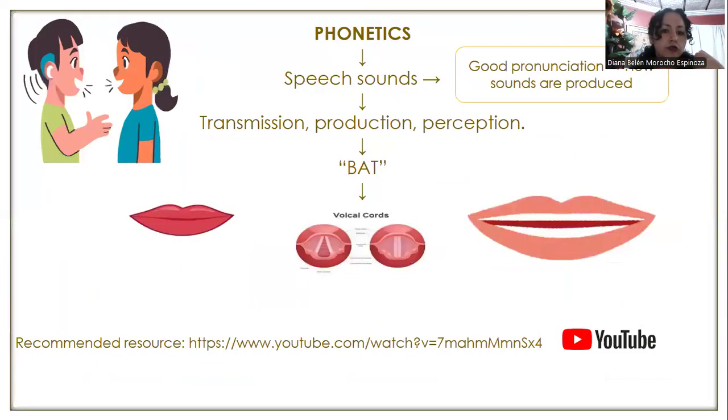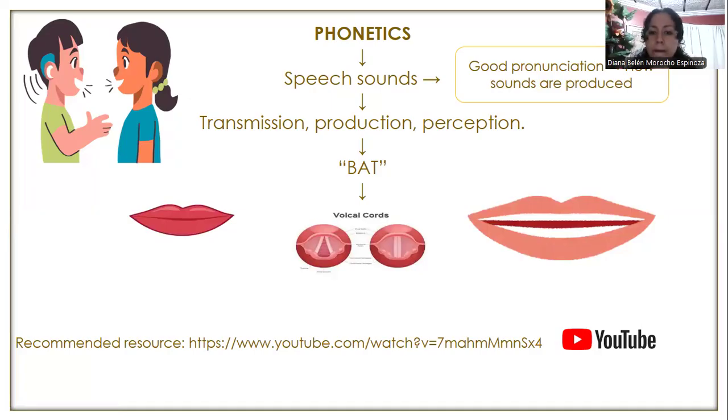Okay, let's talk now about phonetics, which is the study of speech sounds, focusing on their transmission, production, and perception. For example, we have a simple word here, bad, and it consists of three speech sounds, also known as phonemes.